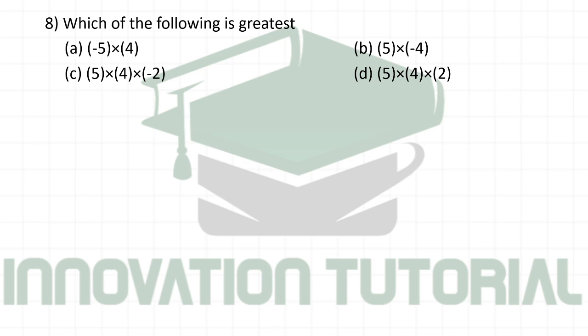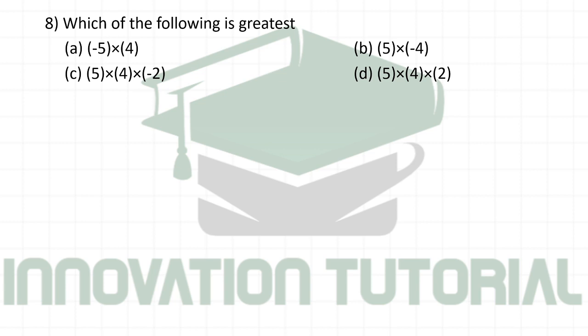You need to multiply all these options A, B, C and D and tell me which number becomes the greatest. Option A is minus 5 multiplied by 4. Option B is 5 multiplied by minus 4.